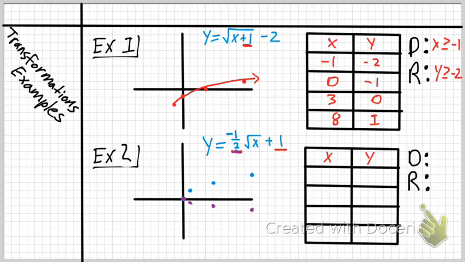Now I want to take my purple points and transform those the second time. So they're all going to get shifted up 1. So my final graph will be here. 0, 0 becomes 0, 1, and then this becomes, instead of being negative 1/2, this will be positive 1/2. Instead of being negative 1, this will be 0, and instead of being negative 3/2, this will become negative 1/2.